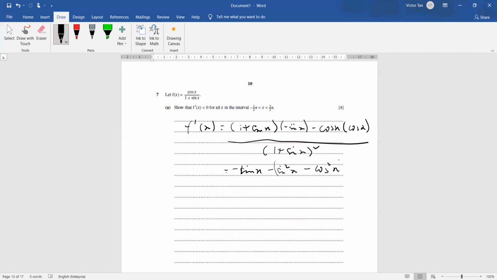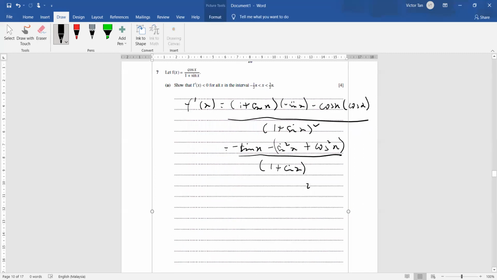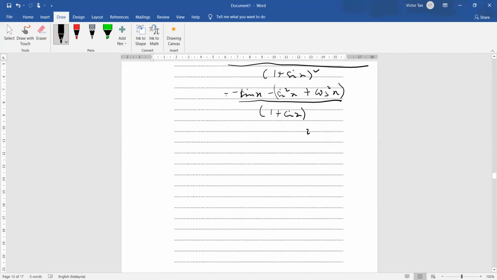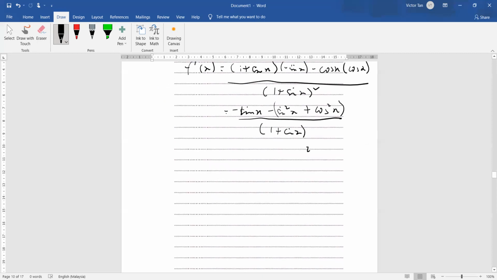So I'm going to factor it out. Over 1 plus sine x squared. So sine squared x plus cos squared x is 1. So this is minus sine x minus 1.